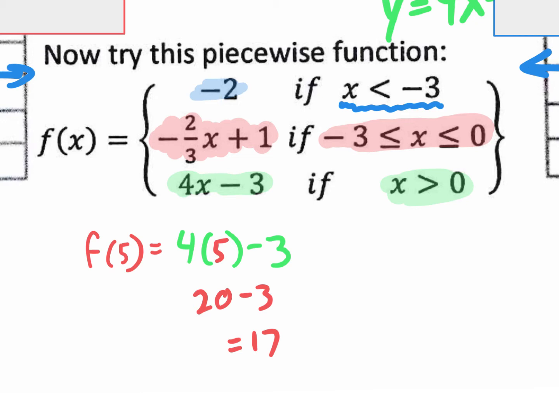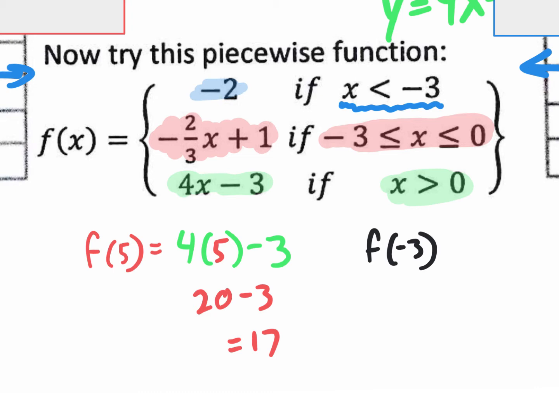Cool? All right, what if I asked you to plug in, let's say, f of negative 3? The second one, the middle one, right? Okay, and what would the answer be? It'd be 3, right?